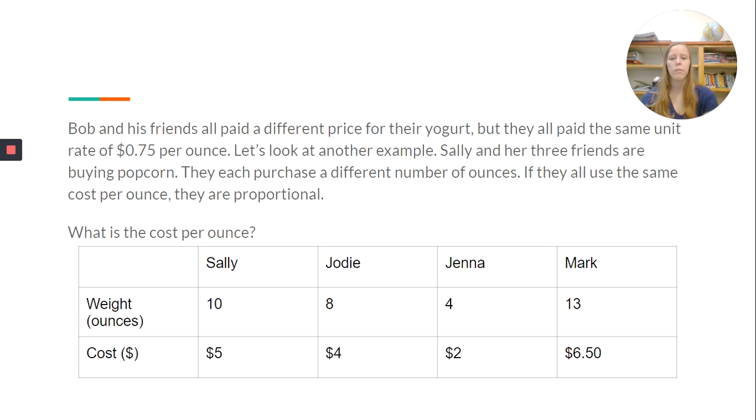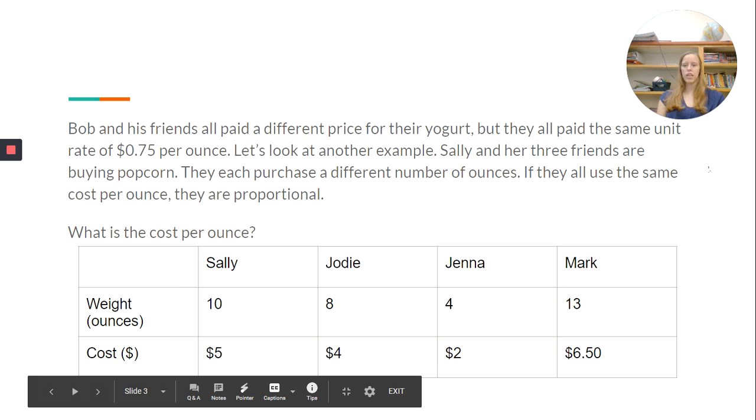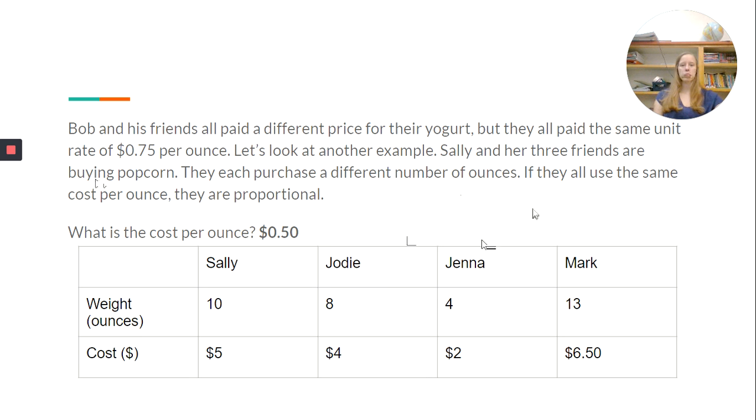So if we take 5 divided by 10, we get 50 cents. Okay, so we have 50 cents. Jody, we can check to make sure that she paid the same thing. So if we take 4 divided by 8, we also get 50 cents. So if you would check Jenna and Mark's, you're going to get the same thing. So we find that the cost per ounce for the popcorn is 50 cents an ounce.